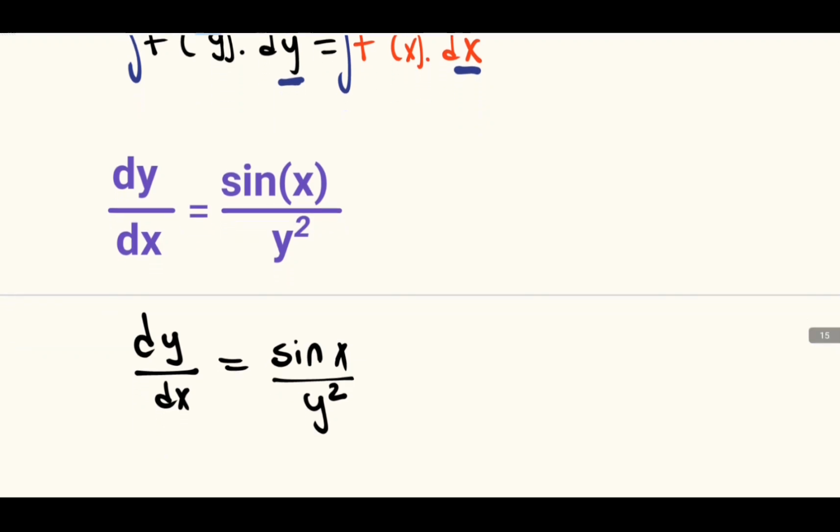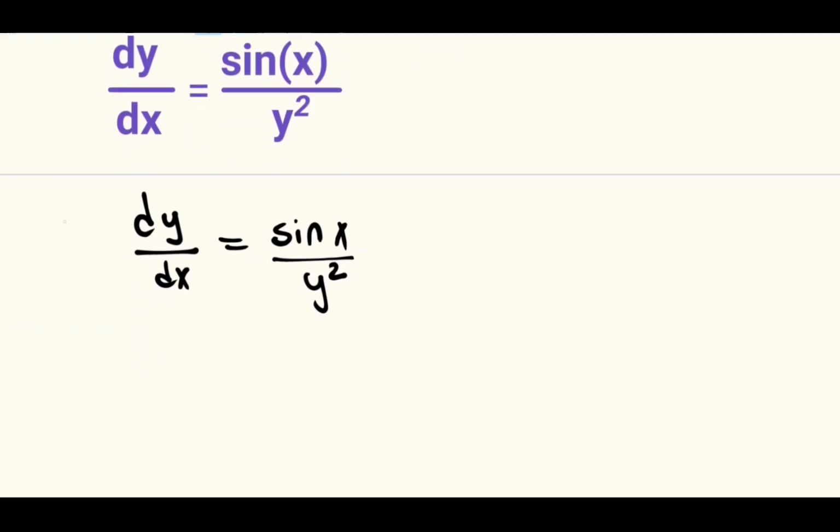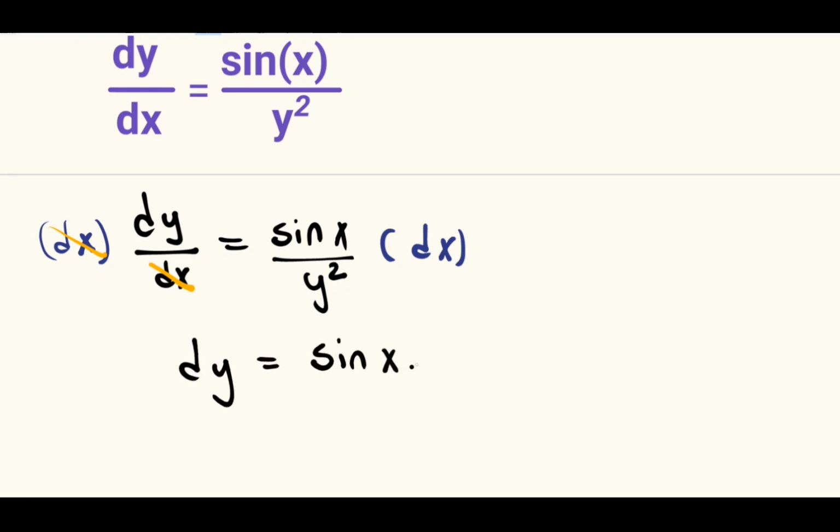and on the right hand side, we integrate with respect to x. The first step here is for us to multiply both sides of the equation by dx, and that dx will cancel out each other. dy will be equal to sin x multiplied by dx over y squared.